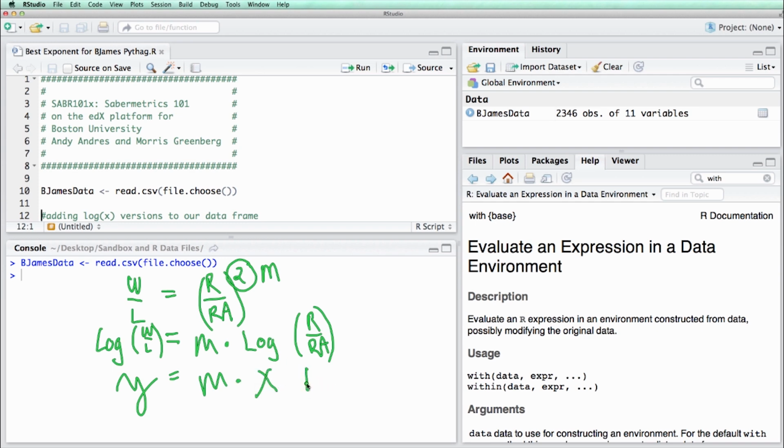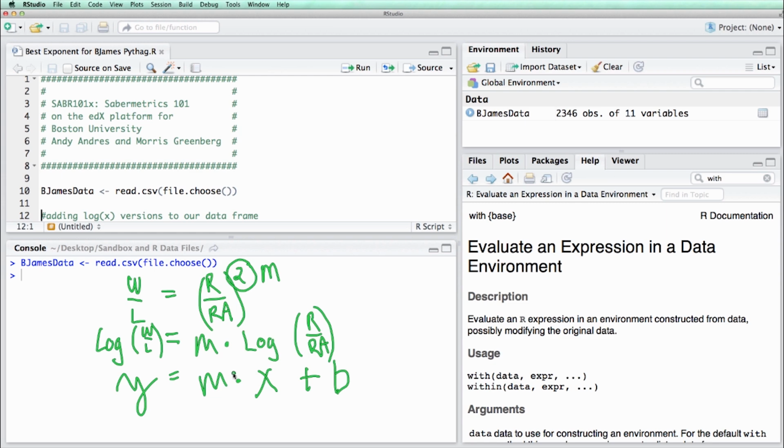And if we have an error term in our regression, in other words, the intercept may not be right at 0, we may need an intercept term off of 0. This looks like an equation of a line. So we're going to fit these log ratios, the log of the wins ratio and the log of the runs ratio, to a linear model. And we're going to try to solve for m. And m is the slope of the best fit line that we're going to do.